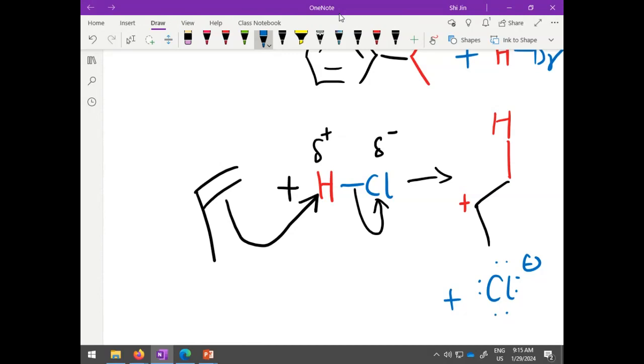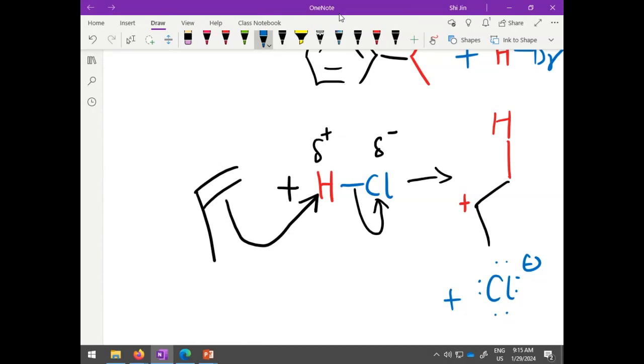Now, I will tell you this step is highly endothermic. Why is that the case? Because you have to look at the bond formation and bond breaking in this step.